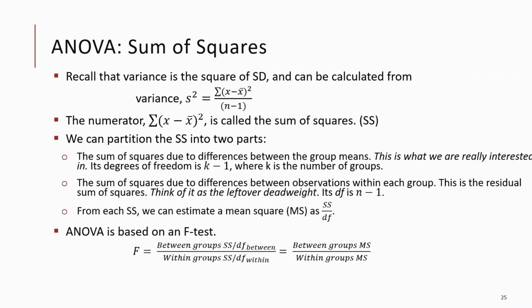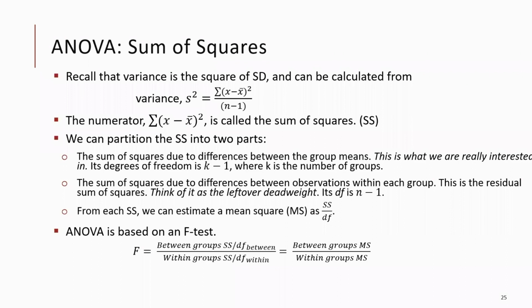So we go back to variance and standard deviations, reminding ourselves that our variance is the square of our standard deviation, paying particular attention to the numerator, which is a summation of the differences.